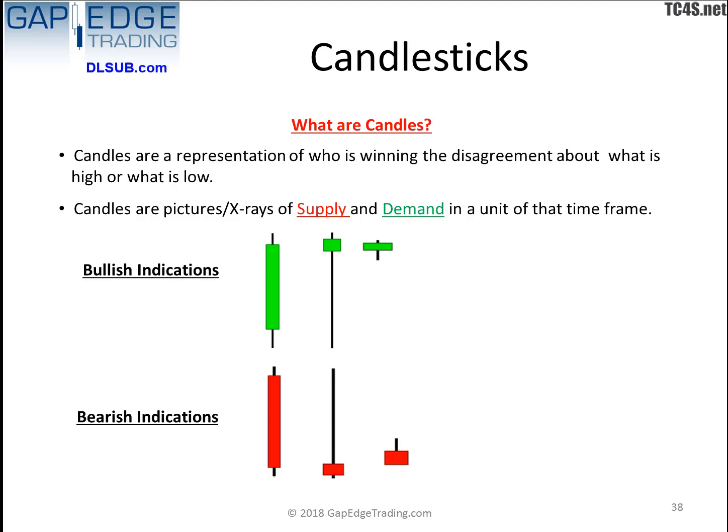So what are candlesticks? Candlesticks are a representation of who's winning the disagreement about what is a high and what is a low, or what is the price that we want to have it at, right? So candles are pictures, x-rays of supply and demand in a unit of that time frame. Now we are using a 15-minute time frame, 30-minute time frame, and 60-minute time frame. So you can always change the time frame to change the picture.